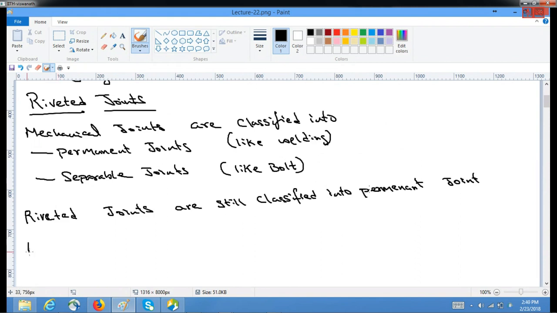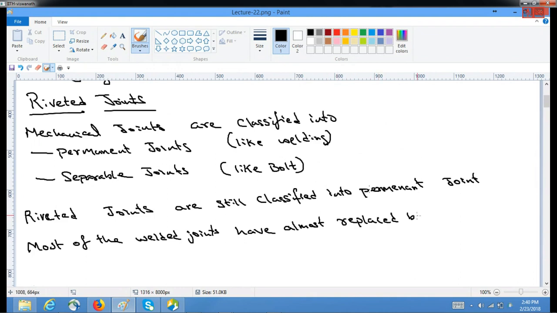Further, most of the welded joints have almost replaced the riveted.